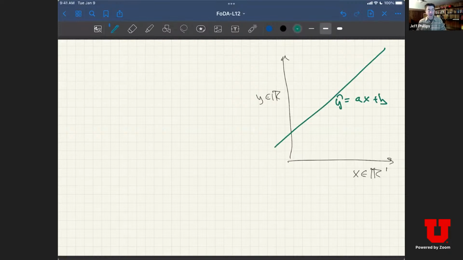That corresponds with not being able to solve for this value b. Remember, this was equivalent to alpha 1, and b is alpha 0.